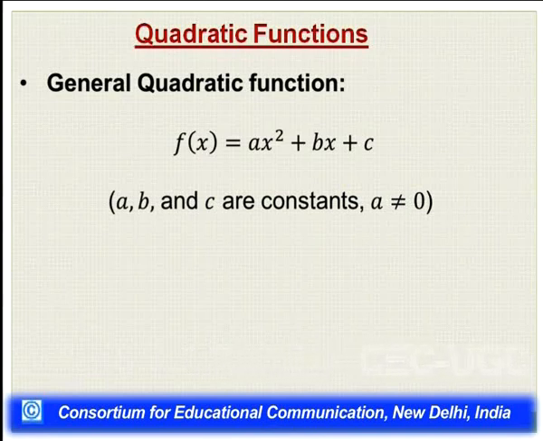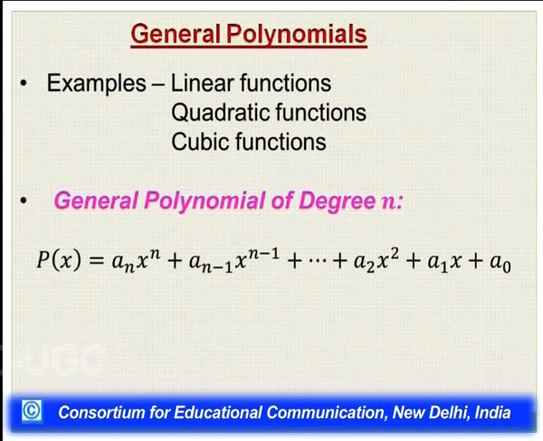But whether we are talking of linear functions, quadratic functions, cubic functions, or even higher order functions, all these are examples of polynomials. In fact, we can define a general polynomial of degree n as p of x equal to a sub n times x to the power n, plus a sub n minus 1 times x to the power n minus 1, and so on till a2 times x square plus a1 times x plus a naught.